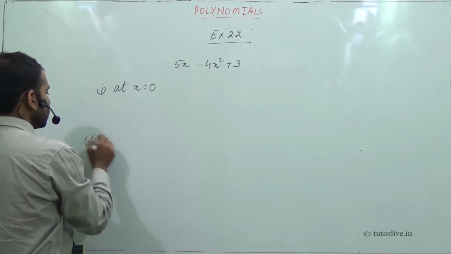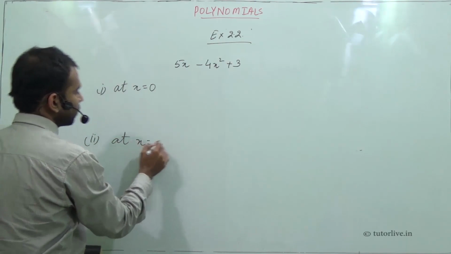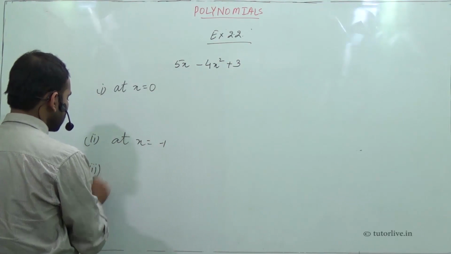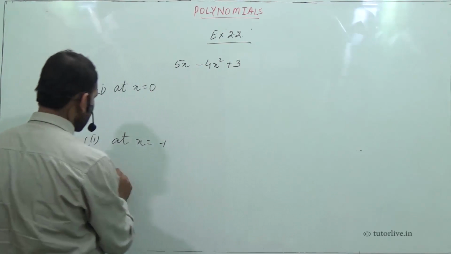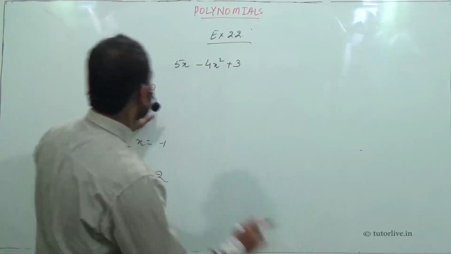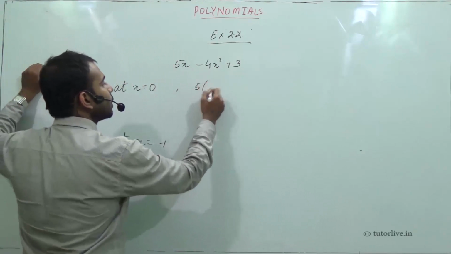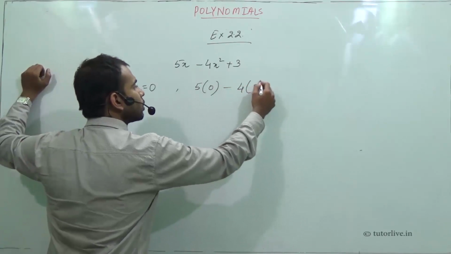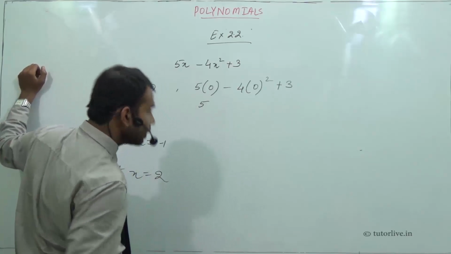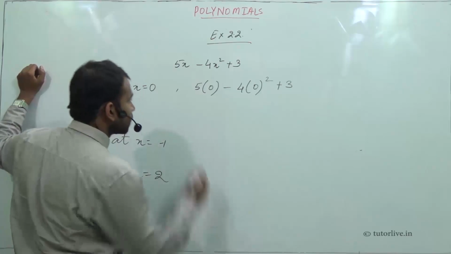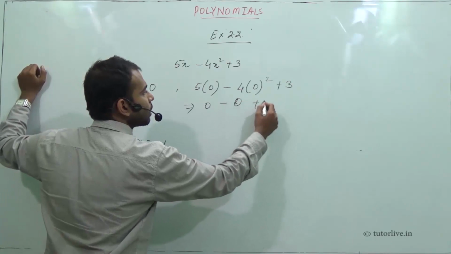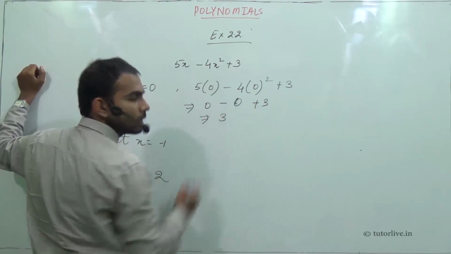The second part is at x is equal to minus 1, and the third part is at x is equal to 2. So if x is equal to 0, what will happen? 5 into 0 minus 4 into 0 square plus 3. So 5 into 0 is 0, 4 into 0 again is 0, plus 3. The value comes out to be 3.